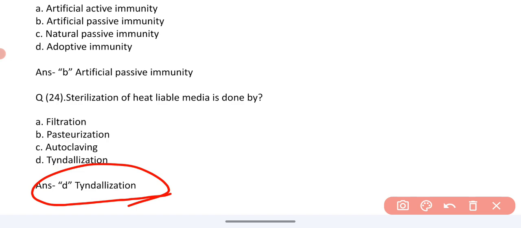See, always remember, heat labile media is the keyword. Sterilization of heat labile media. If you are getting this keyword, directly you can go for what? Tyndallization. What is tyndallization? Heating at 80 to 100 degrees centigrade for 30 minutes and then it is incubated.